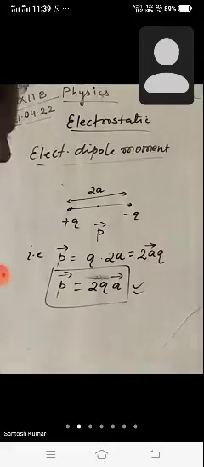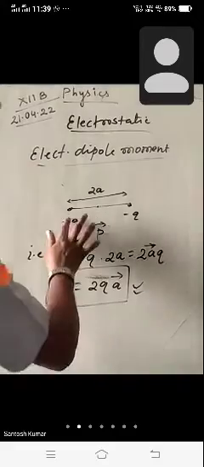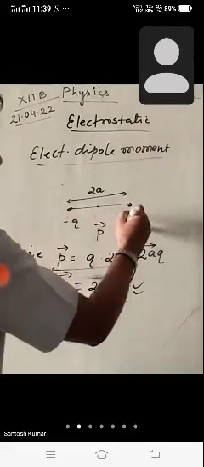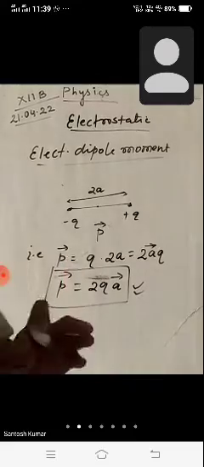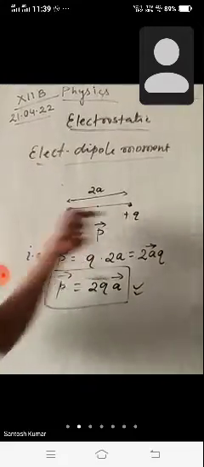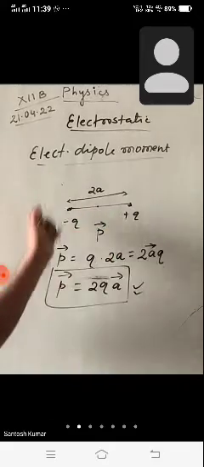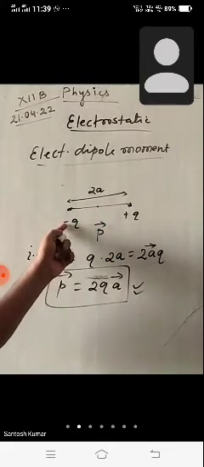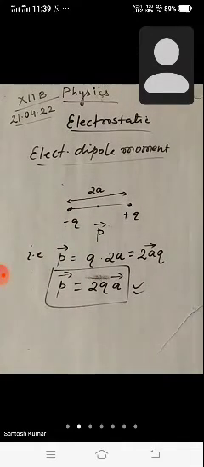One more thing: here we will take minus and here plus, because we had written that the direction is from minus to plus. So here you take minus q, here plus q. This will give the direction of the dipole moment. Just draw the diagram and write the mathematical form of the electric dipole moment.